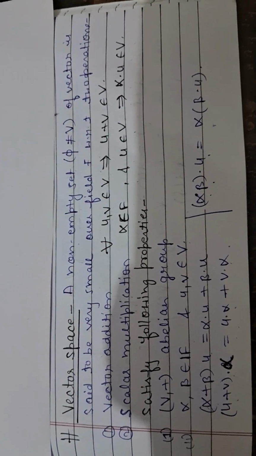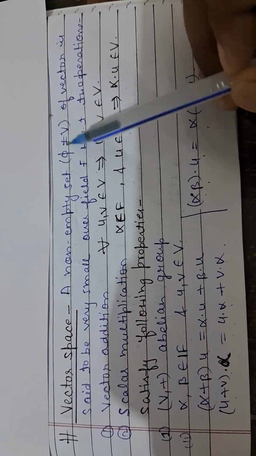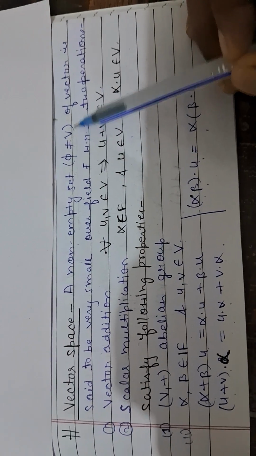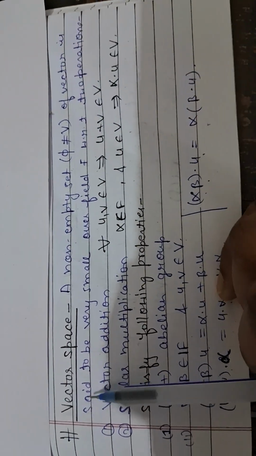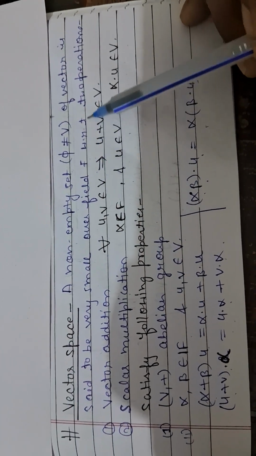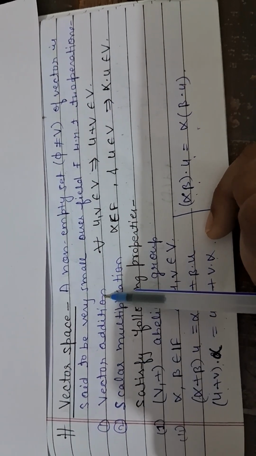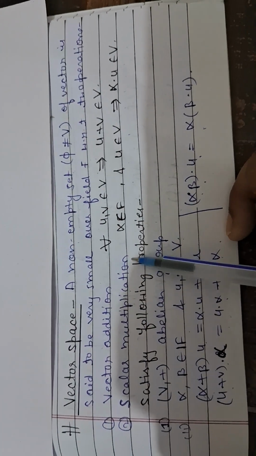So first, what is a vector space? A non-empty set V is said to be a vector space over a field F with respect to two operations. First is vector addition, second is scalar multiplication.